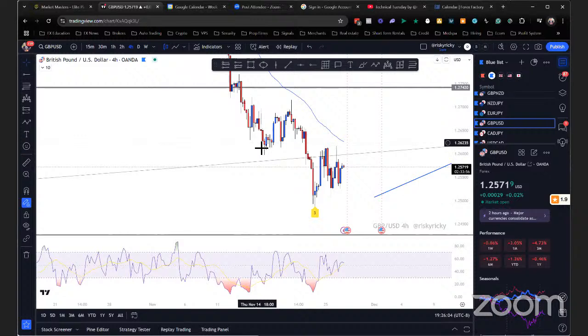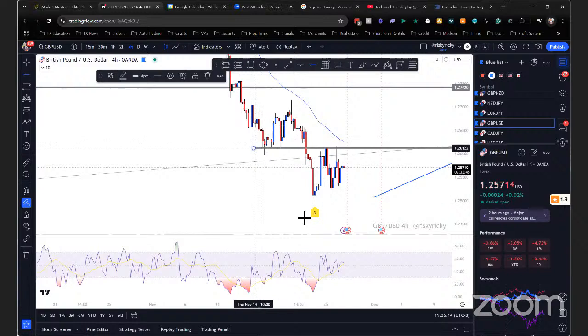So with GBP USD and Euro USD, these are two correlating pairs. If you notice, it's basically the same thing that we have with Euro USD. If I go back and forth between both, you're gonna see the same thing. We have the lower low, and right now it touched the high.